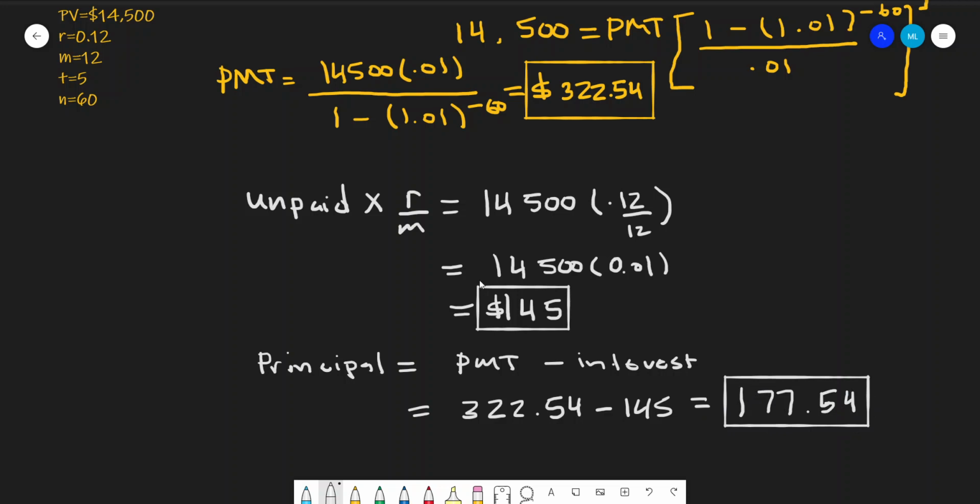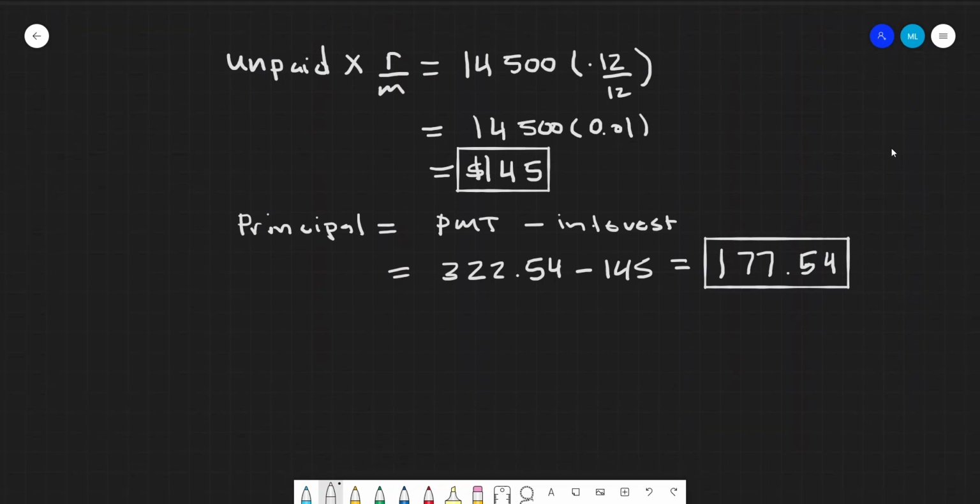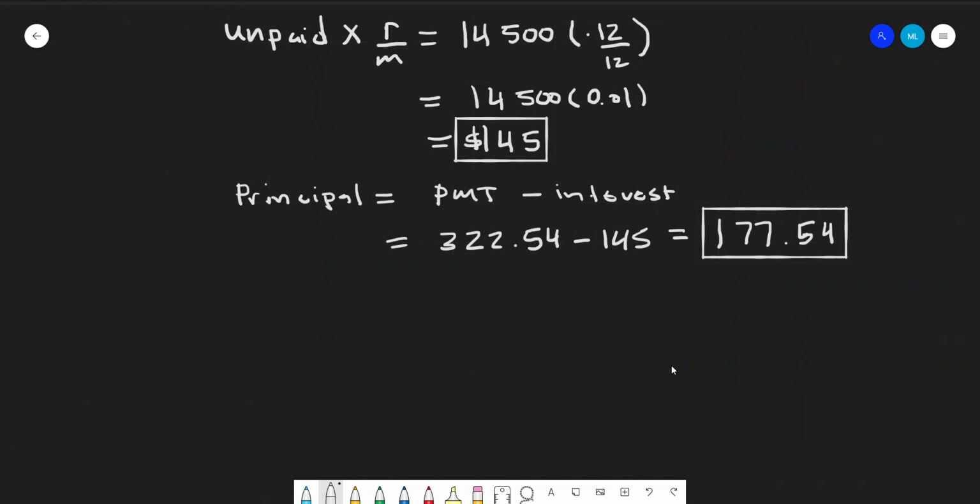Now, in order to find the ending balance, you're just going to take the unpaid balance and subtract the amount that's towards the principal.